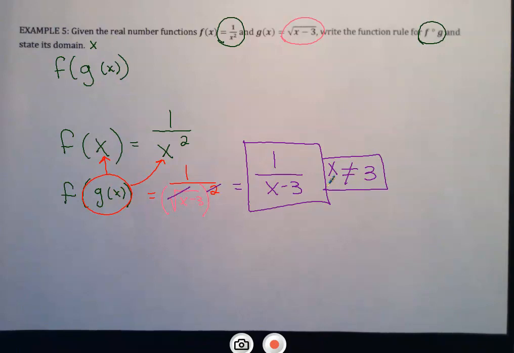Because if you have 0 in your denominator, then the answer is undefined, because you can't divide any number by 0. So you could have 3.1, and that'd be fine. You could have 3.00006. We are going to leave it as a fraction.